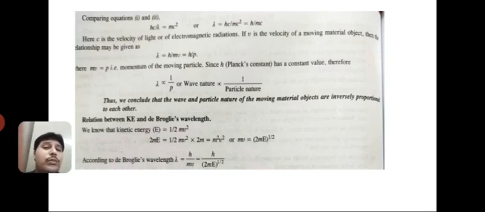According to the de Broglie wavelength, lambda equal to h upon mv, so we can put h upon (2mE) to the power 1 by 2 instead of mv.